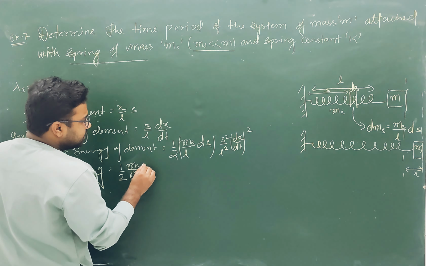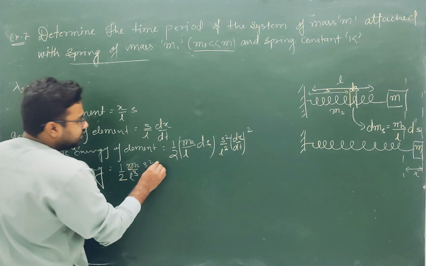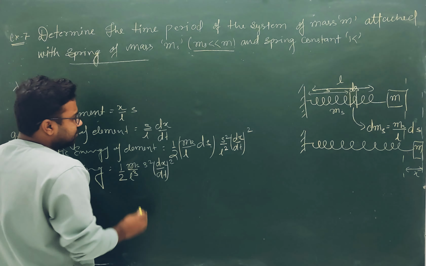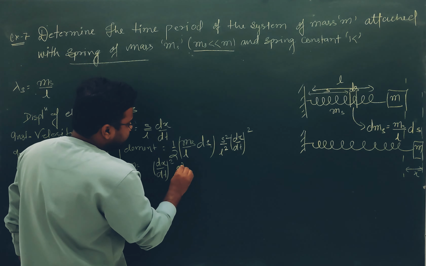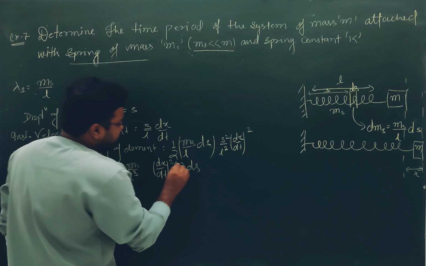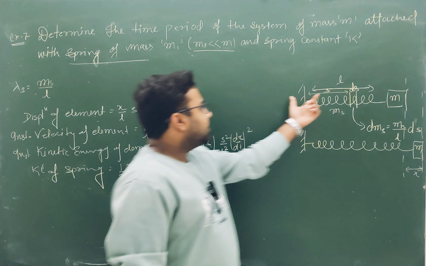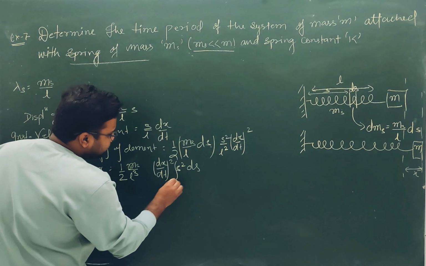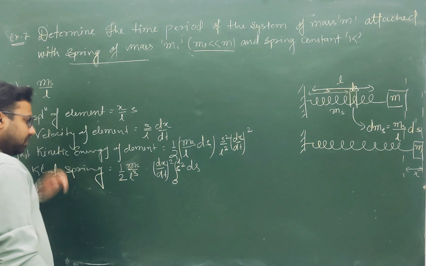Now here we have s square, dx by dt whole square. So I am writing s square ds, and s varies from 0 to L, so that's why I am putting the limits from 0 to L.